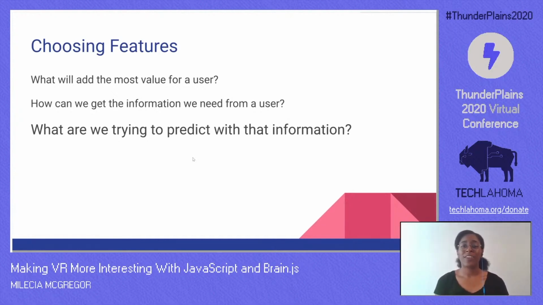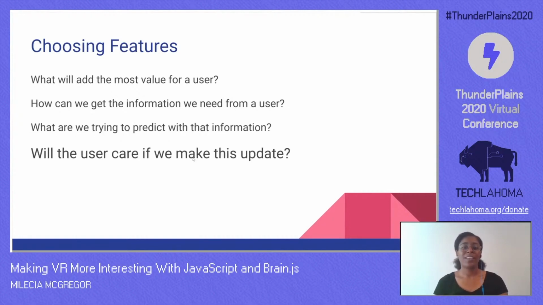There are companies that have literal terabytes of data, hundreds of terabytes of data, and they're like, yes, we're going to do machine learning with this. But they have no idea what they're trying to find out. And that takes away from the whole purpose of machine learning. What are you trying to find out with that data? And this is one of my favorite questions.